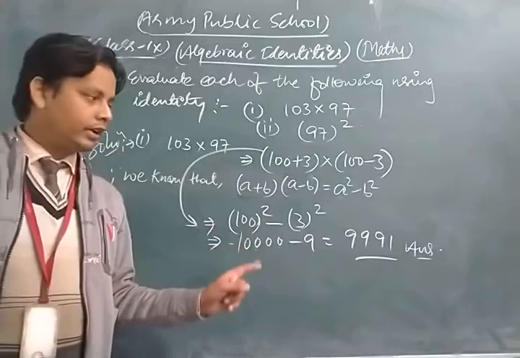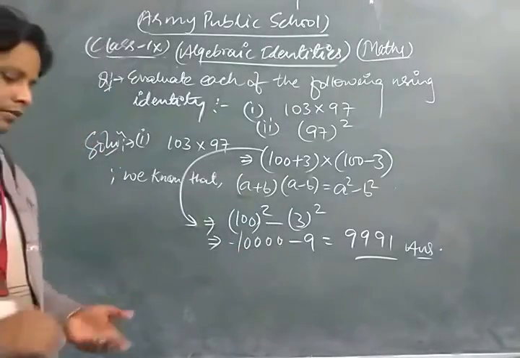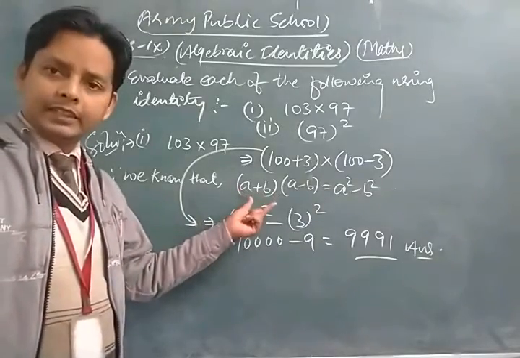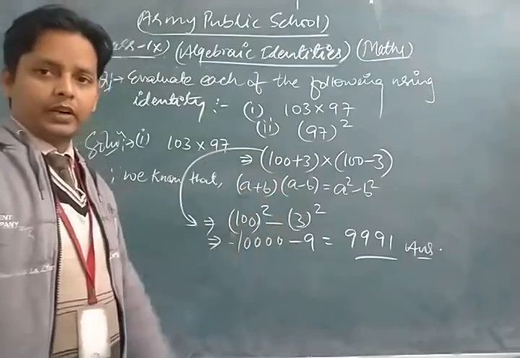Okay, dear student, so in this way you can solve that type of question. Now similarly, here we are using this identity. Similarly, we can solve the second part of this question with the help of identity. Let's see.